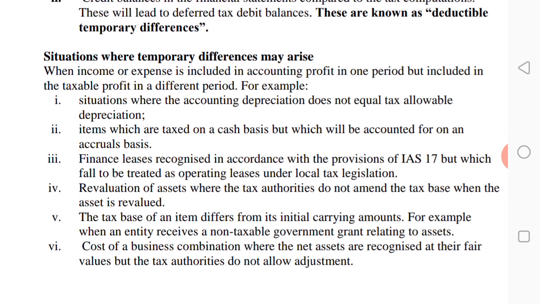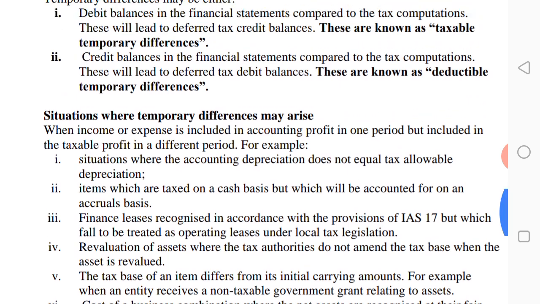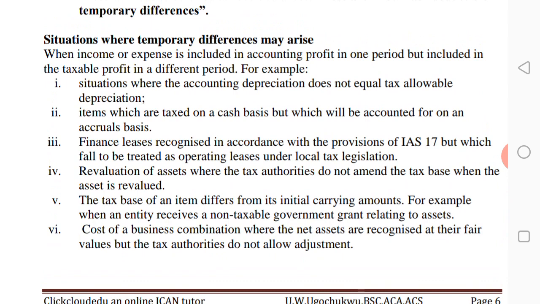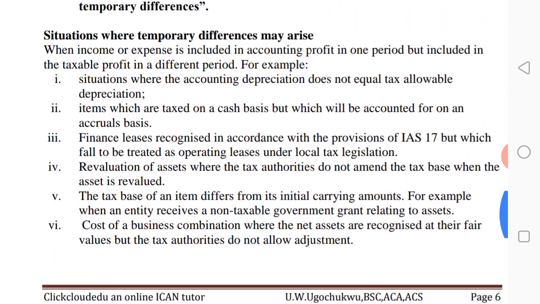That means if the carrying amount is not different from the tax base, there won't be a temporary difference. And a temporary difference arises because some item will be recognized in the financial statement now in IFRS, but from a tax perspective, that item will not be recognized now. That is also a temporary difference.